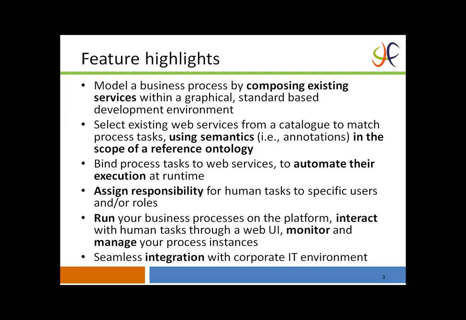And then you can also bind these process tasks to the web services for the execution of the process. Because as I mentioned before, this platform is also a business process execution platform. And this means that service tasks will have to be able to call web services in an automated way. This is something that is done in the background.